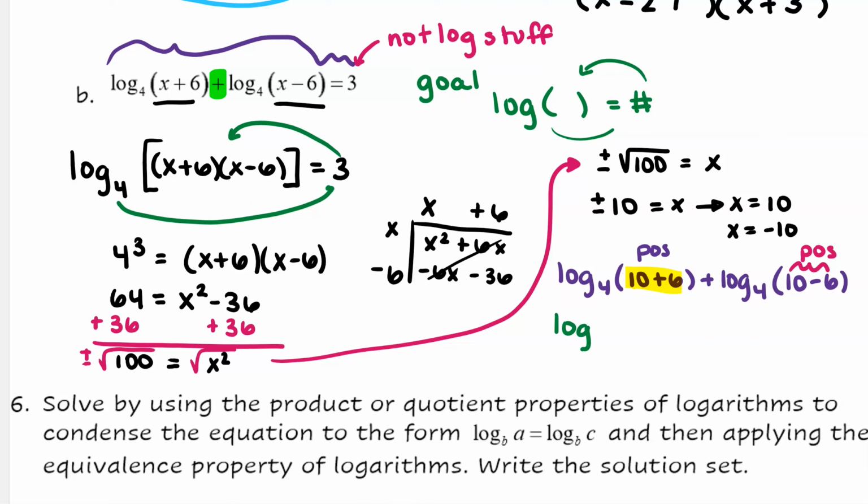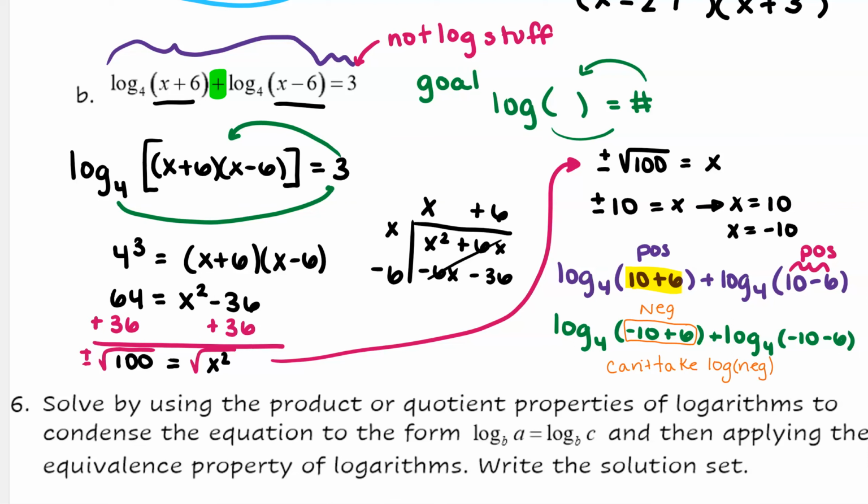So I have log base 4 of negative 10 plus 6 plus log base 4 of negative 10 minus 6. And that I don't like because negative 10 plus 6 is a negative number, and you can't take the log of a negative.